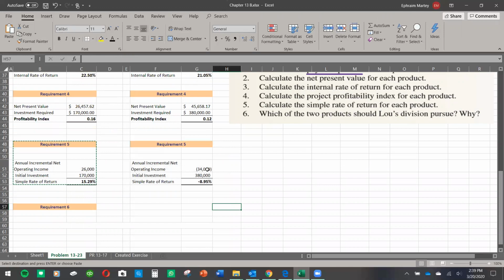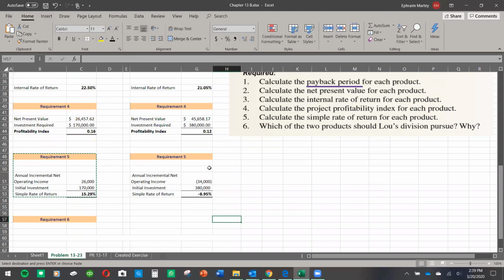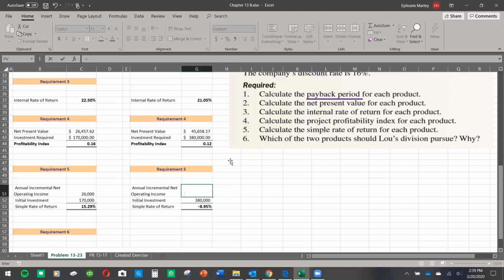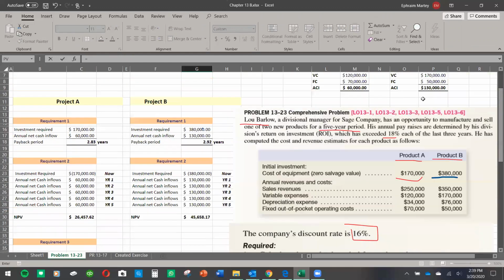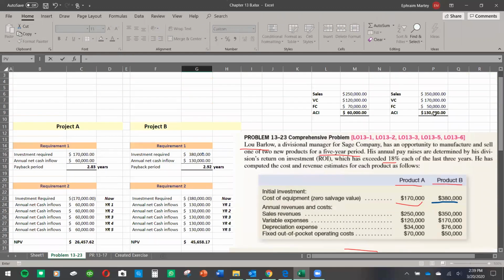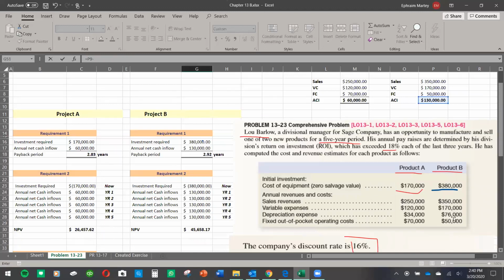And this is wrong because we do not have it computed right here, so just reference it. What we will do is take the annual cash inflow for project B, which is 130,000, and then subtract the depreciation expense, which is 76,000.